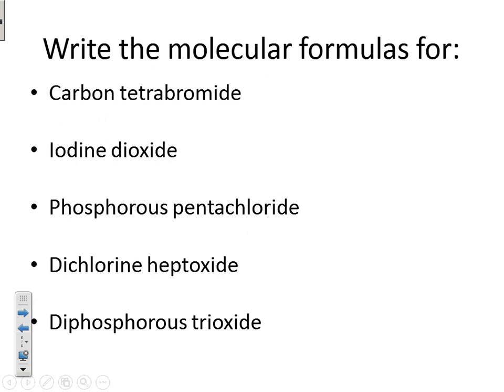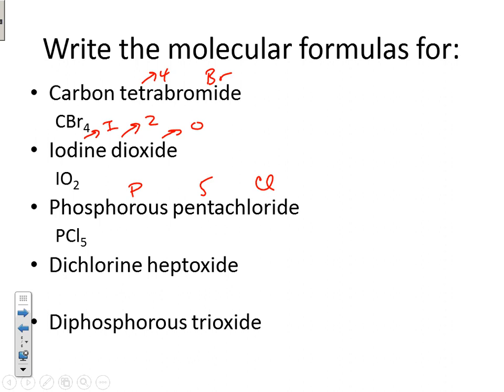So just for example, carbon tetrabromide, that's 1 carbon. Tetra means 4, and then bromide is Br, so it's CBr4. Iodine dioxide, di means 2, oxide means oxygen, iodide obviously is iodine, so that's I, so that would be IO2. Phosphorus pentachloride, well phosphorus is P, penta means 5, chloride is chlorine, so that's Cl.